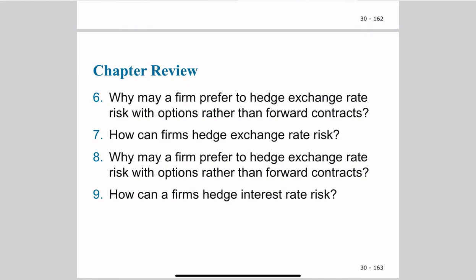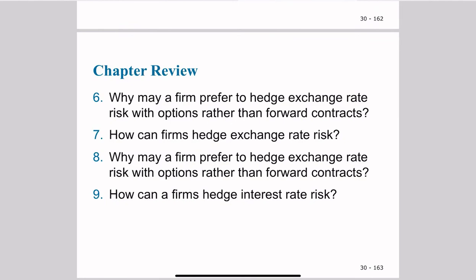That is, you will modify the firm's balance sheet by changing the duration of its asset or the duration of its liability. And your goal is to make sure the duration of the equity is 0. And by doing this, you will be able to hedge against interest rate risk.